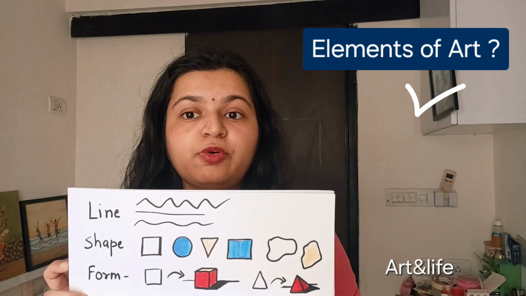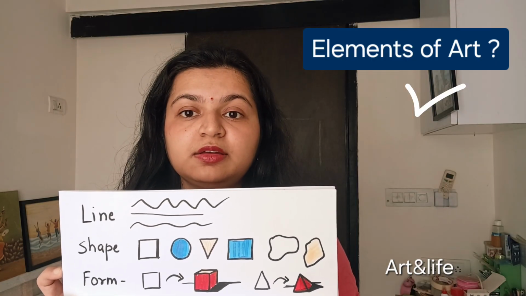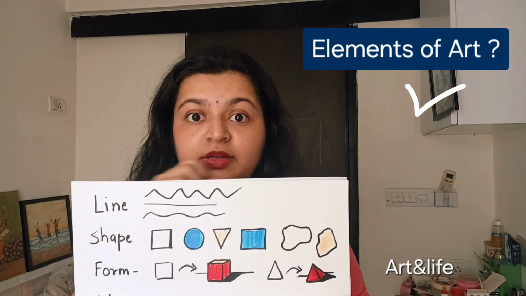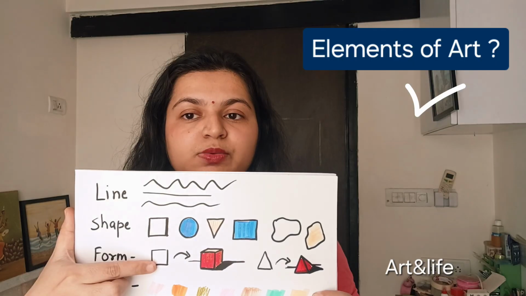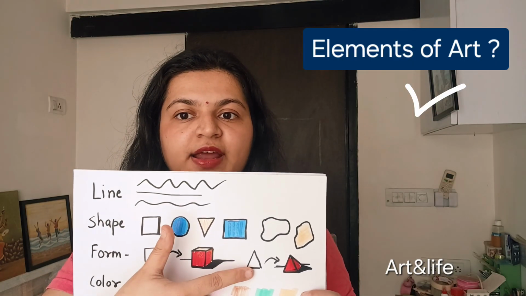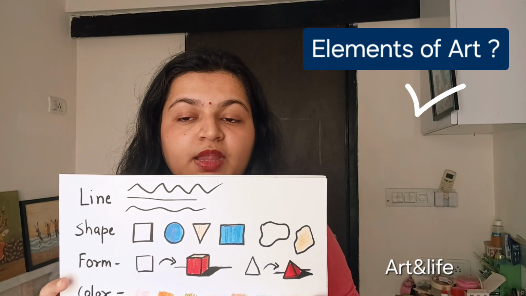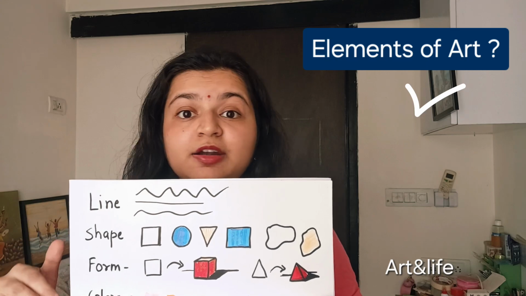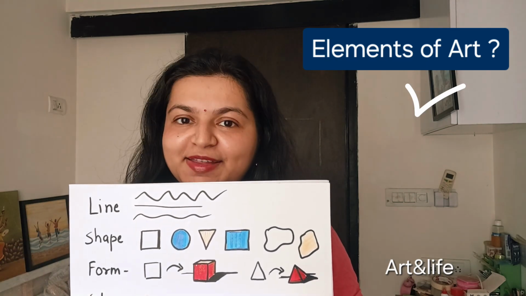But a form has a third side. It is a 3D shape, we can say, because I am drawing the third side of it. If I say that a square is a shape, then a cube is a form. If I say that a triangle is a shape, then a pyramid is a form. So forms are 3D. A form is a shape, but a shape can't be a form. So I hope you are getting my point.